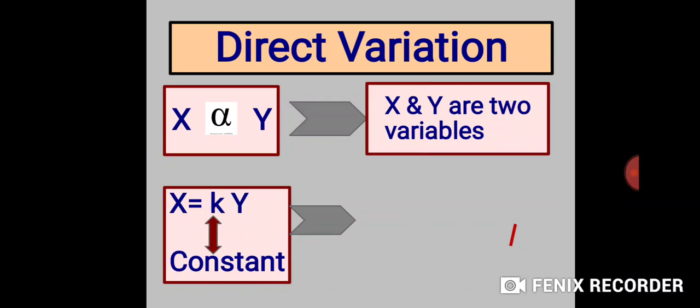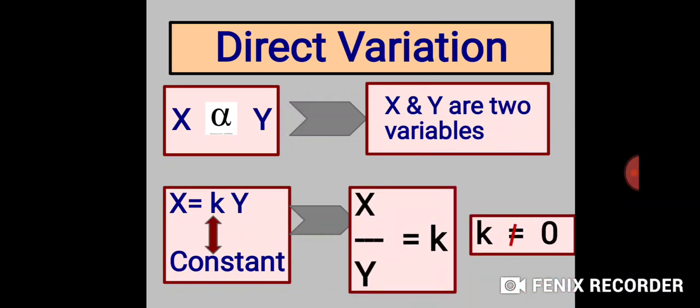When we change the position of y, we see x upon y is equal to k, and there is one condition, that k is not equal to 0. When we have to find the value of the constant, we divide the two variables, x upon y.